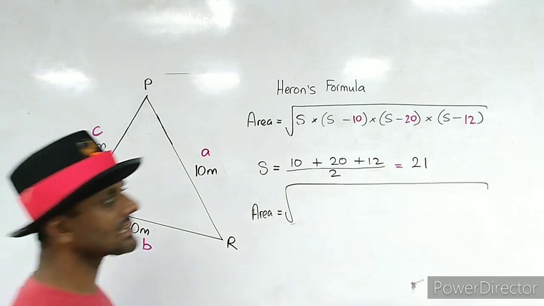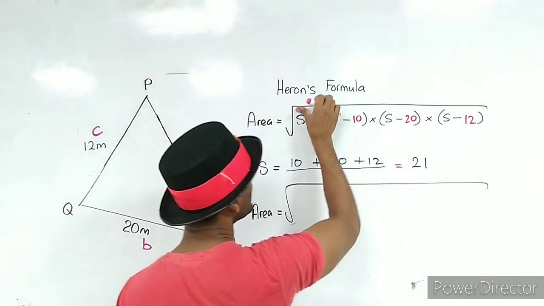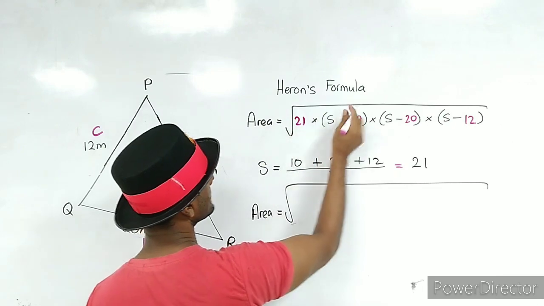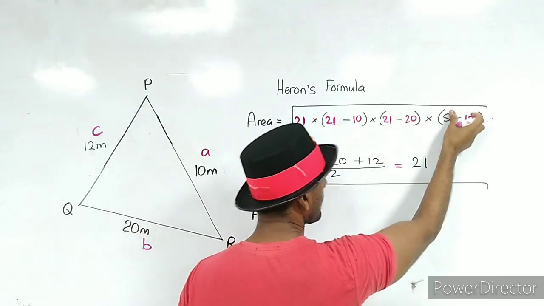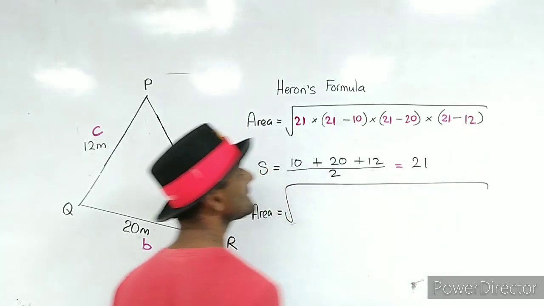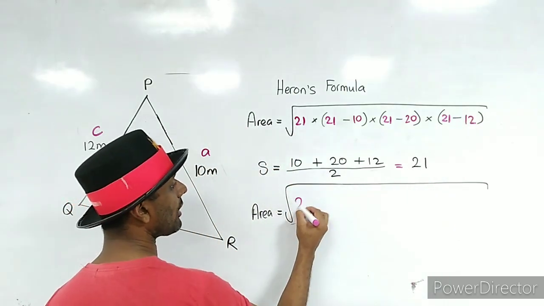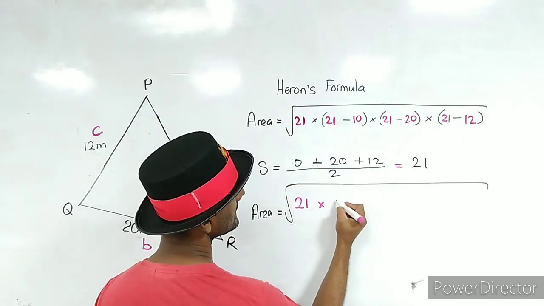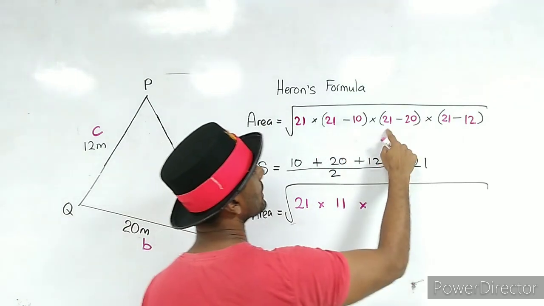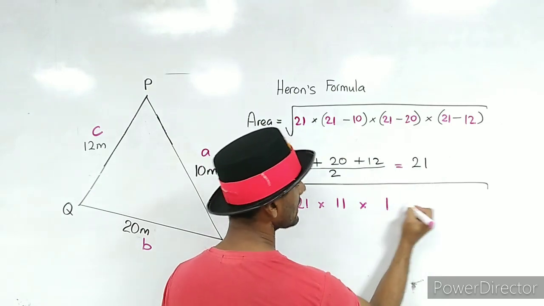So you know what this means now? We can replace all the S's with what? 21. It only looks long, but it's actually super simple. So we have 21 here, multiplied by 21 minus 10 is 11. 21 minus 20 is 1.